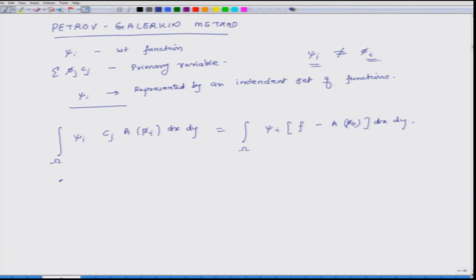Now even if A is a linear operator, suppose I assume that A is linear, it need not be, but even if A is linear, this term is not symmetric.